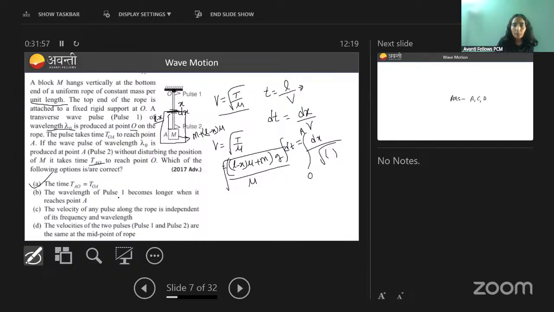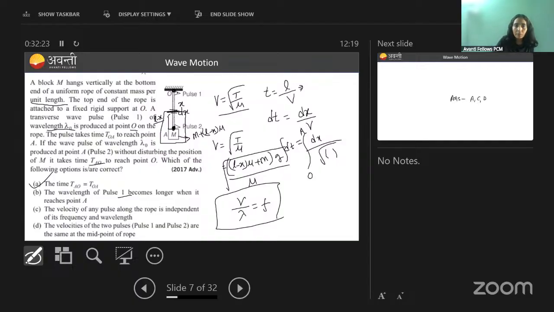Now, the statement: the wavelength of pulse 1 becomes longer when it reaches point A. Suppose it has reached point A. How do we calculate wavelength? Velocity divided by wavelength is equal to frequency. This is the relation, right? We already know that when a pulse is traveling through a medium where velocity is changing, the wavelength and velocity will change such that the frequency remains constant.